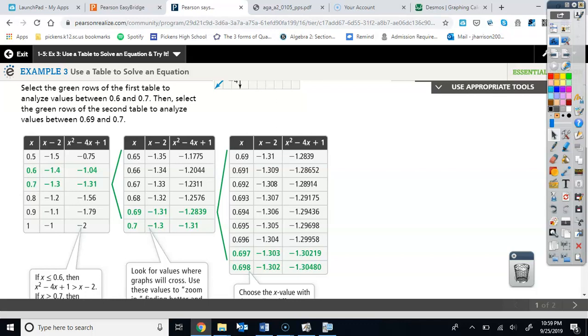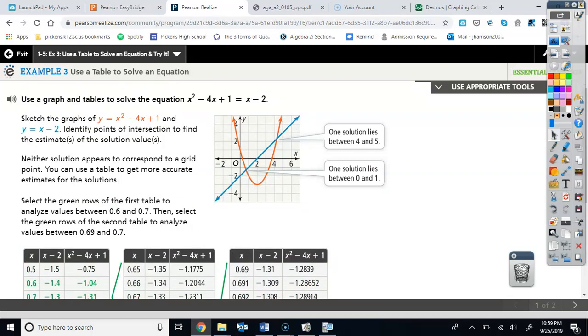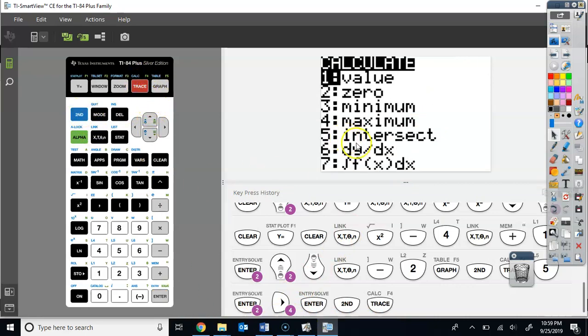So I think using the calculator on one like this is a lot better. Then you could also find this point as well right here if you needed to. To save a little bit of time, I'm not going to actually do that one, but you would hit second, the trace button, and do your intersect again.